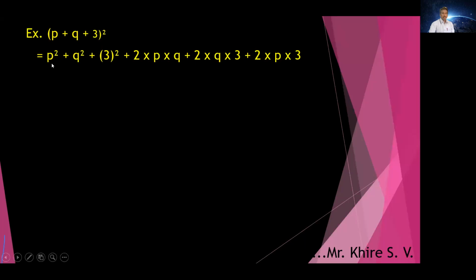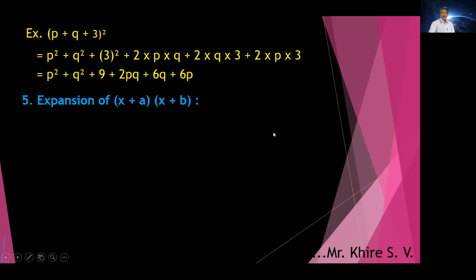Follow the steps or use this formula: square of first term plus square of second term plus square of third term, p square plus q square plus 3 square, plus 2 into p into q plus 2 into q into 3 plus 2 into p into 3. Then we get p square plus q square plus 9, since square of 3 is 9. 2 into p into q is 2pq, 2 into q into 3 is 6q, and 2 into p into 3 is 6p.